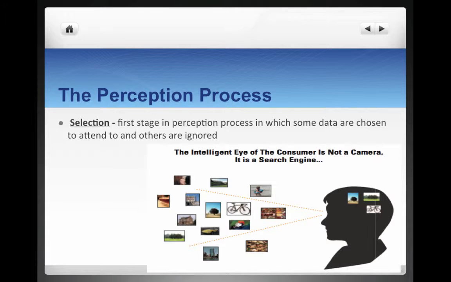For example, things we see every day become normal, such that we don't care at all. But if something unexpected or unusual happens, we tend to select it. We tend to attend to it. So that is selection.